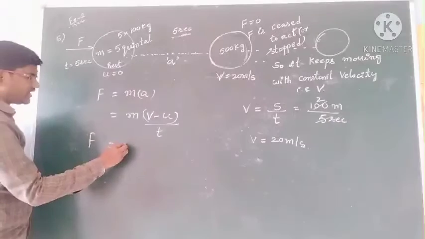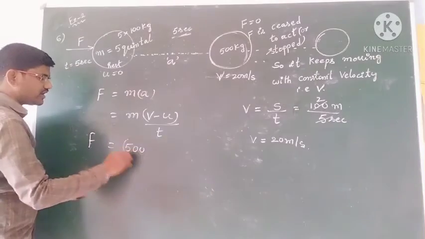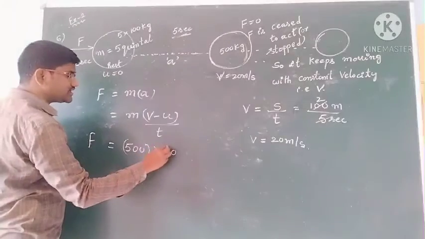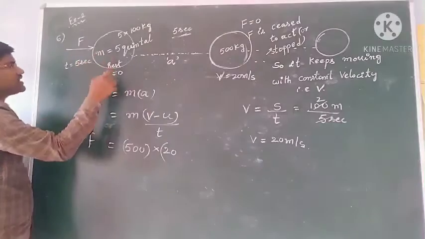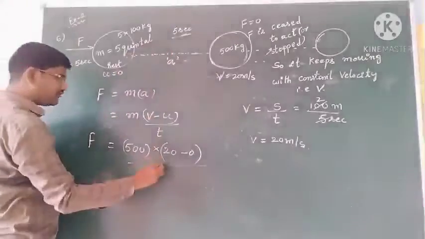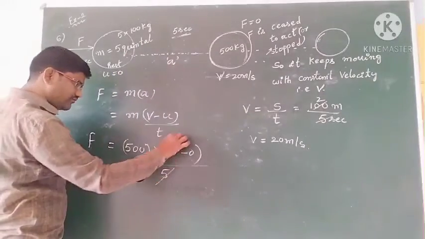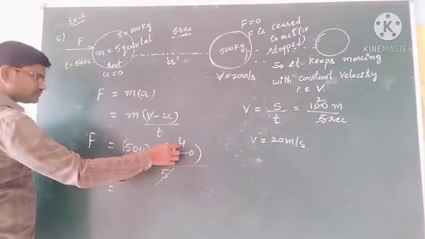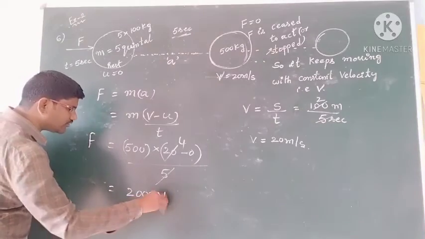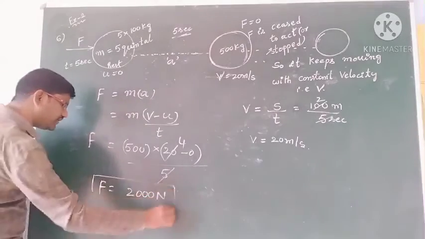Mass is 5 quintal, you know. 5 quintal means 500 kilograms, and the velocity gained is 20 meters per second, and initial velocity is equal to 0. So 20 minus 0, in the time of 5 seconds, then 20 by 5 is 4. 500 into 4, you will get 2000 newtons is the applied force.